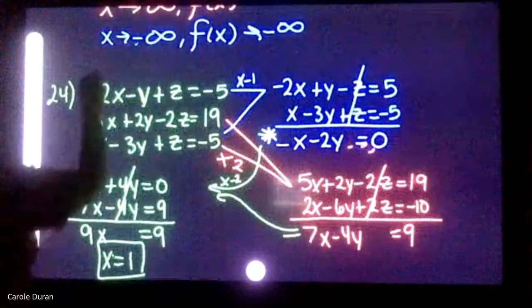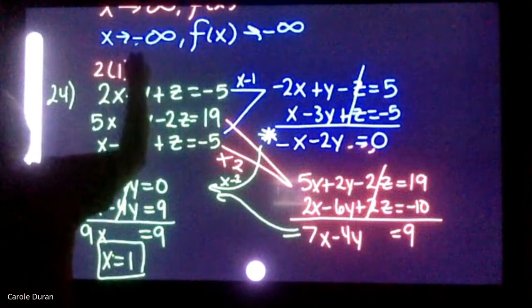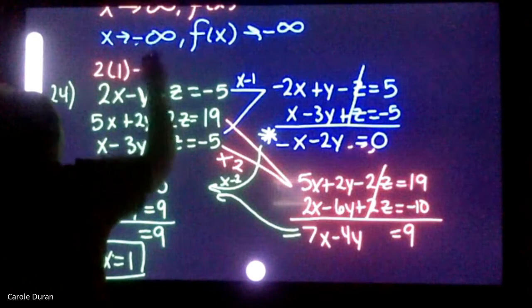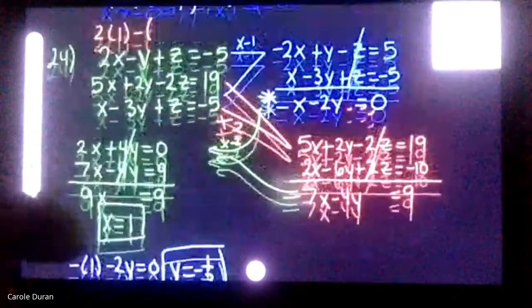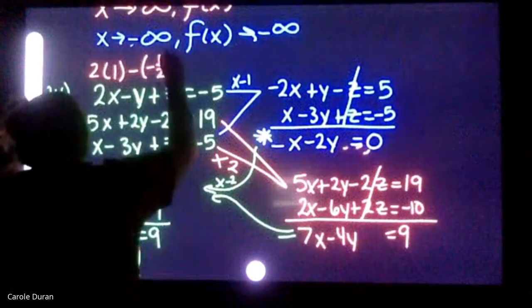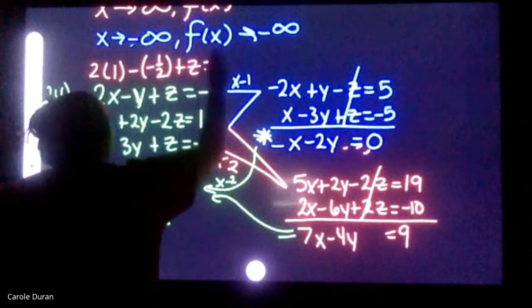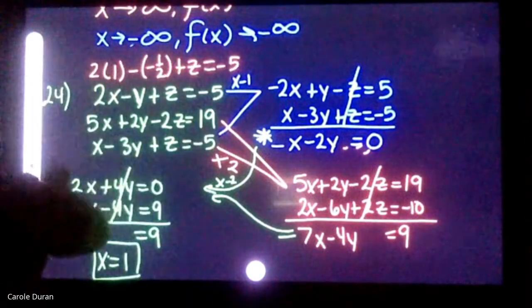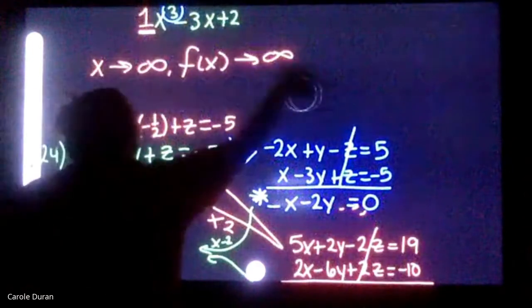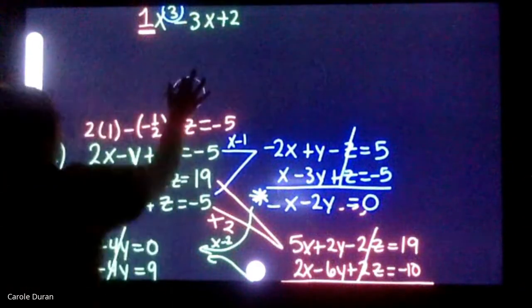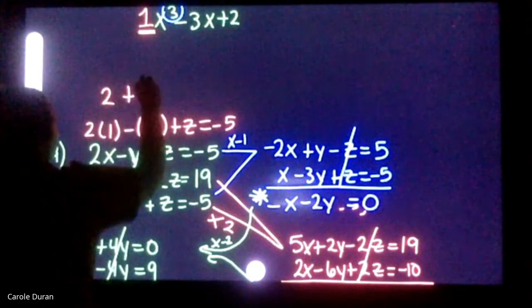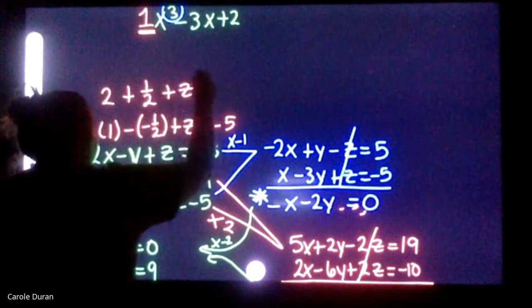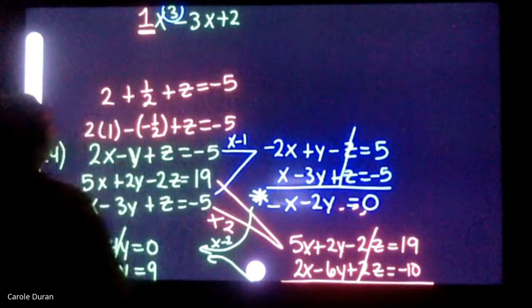So I take the 1 from the x and the -1/2, that is the y, and plug those in. Plus z is -5. I simplify, 2 and 1 is 2, plus 1/2, plus z equals -5.